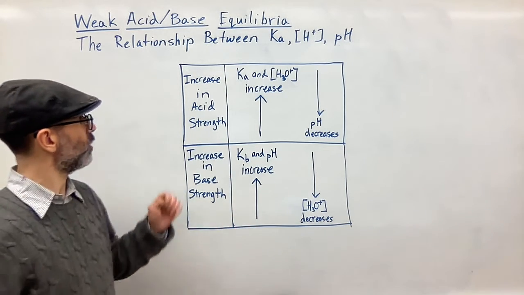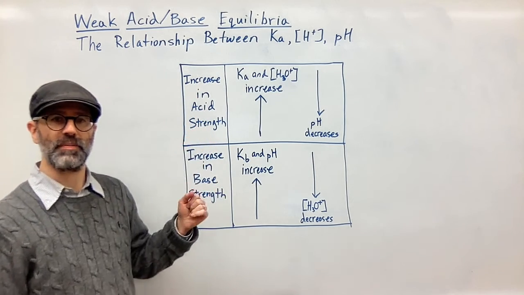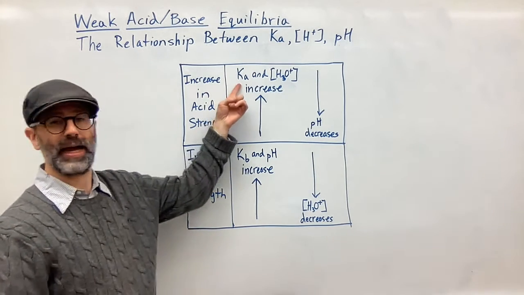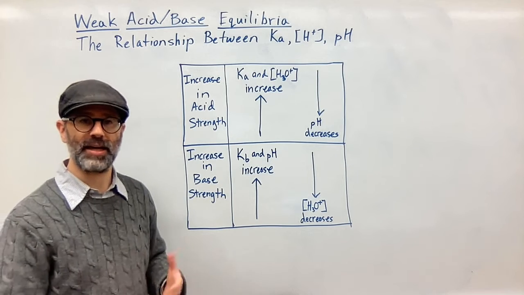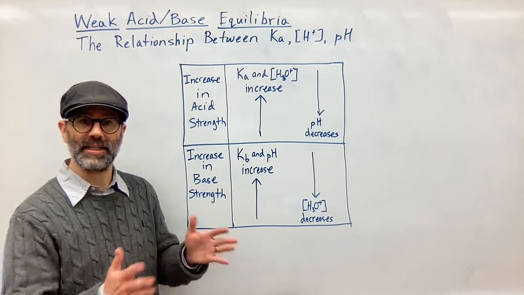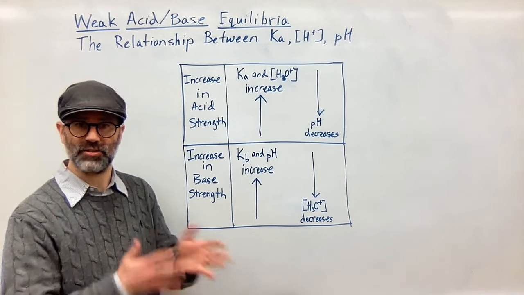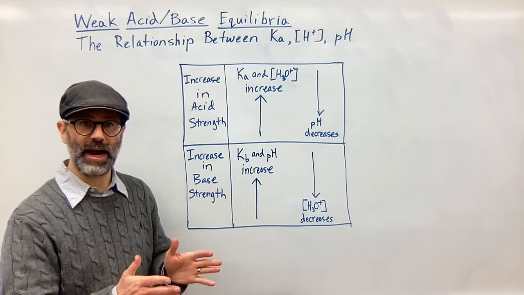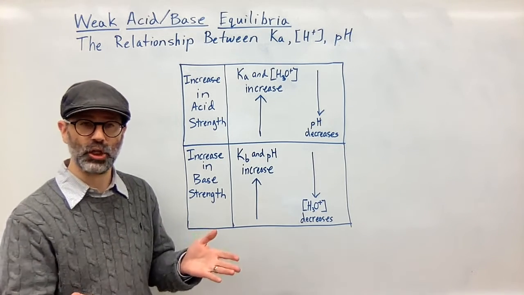As you increase in acid strength, what's going to happen? As acid strength increases, then Ka, which is a measure of the acid strength, because remember Ka is the ionization constant, the equilibrium constant of the ionization of an acid. The stronger the acid, the more it's going to ionize, and therefore K is going to be larger.